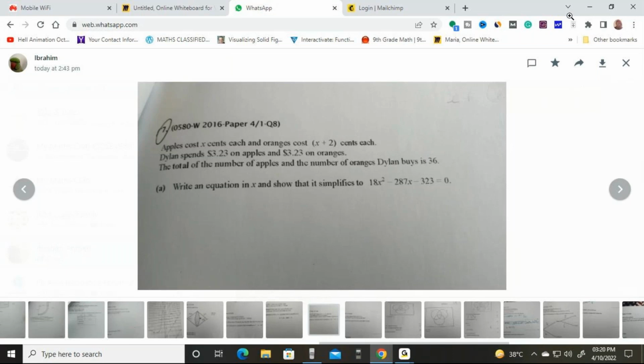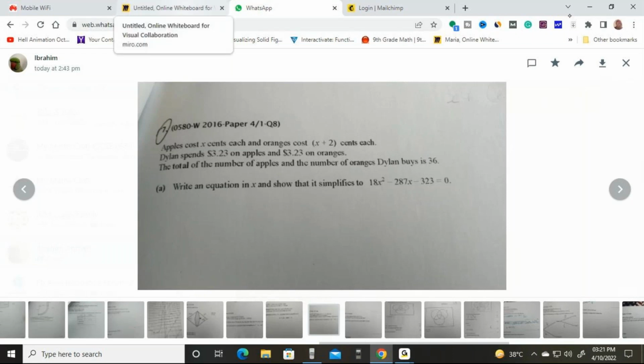Okay, we need to derive this equation. Now, we just assume that the number of apples he buys is x, and the number of oranges that he buys is y. So x plus y will be equal to 36 in that respect.